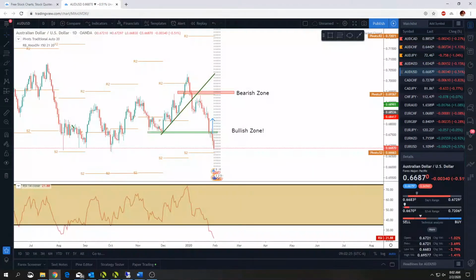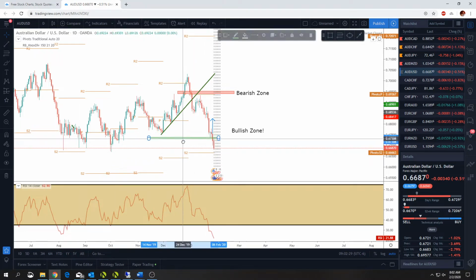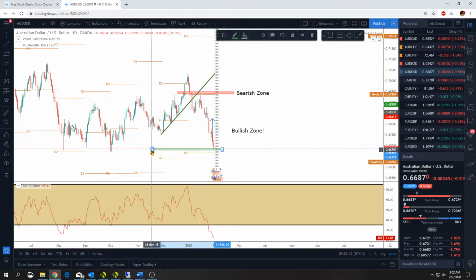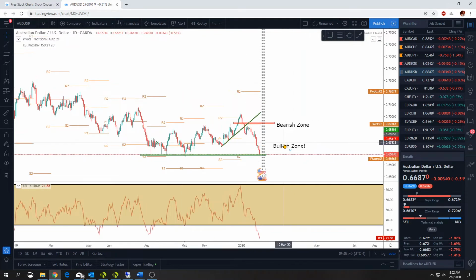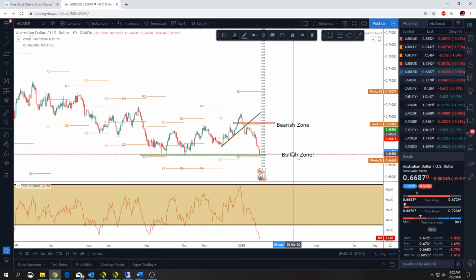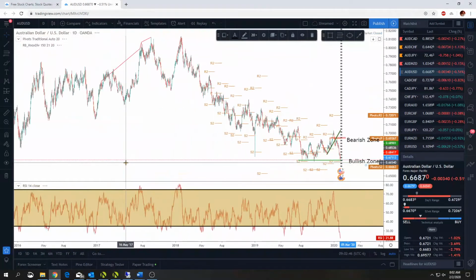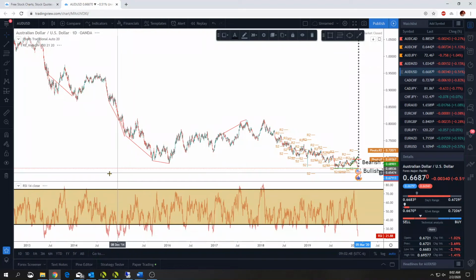Australian dollar, US dollar. Again, severe weakness. We are at a decent support level now. So hopefully you guys last week saw this break of that support and got on sell trades. So again, with this pair, we're at a really strong support level, and it is the lowest it's been.